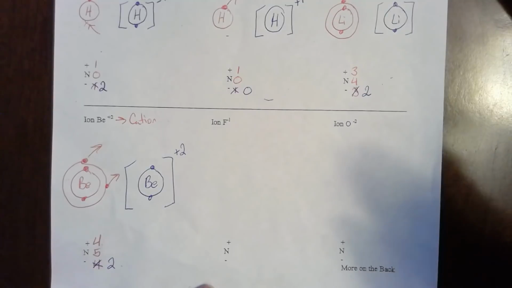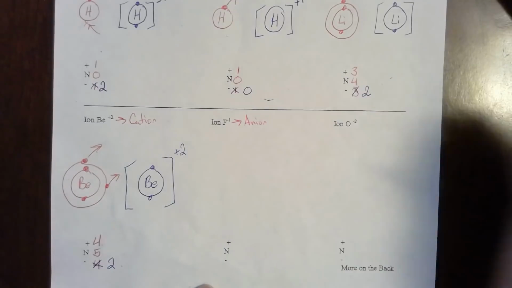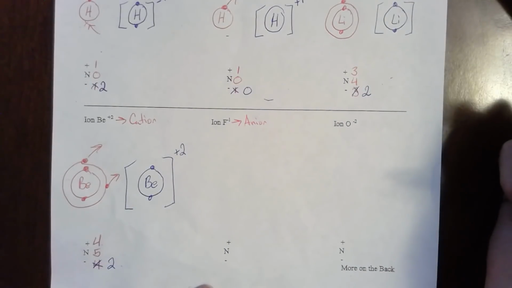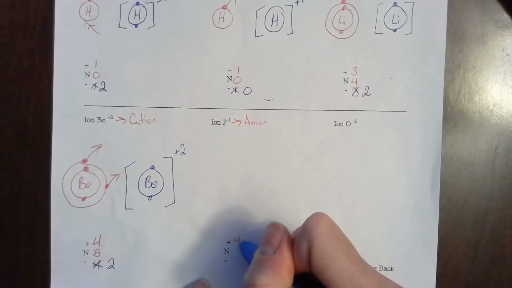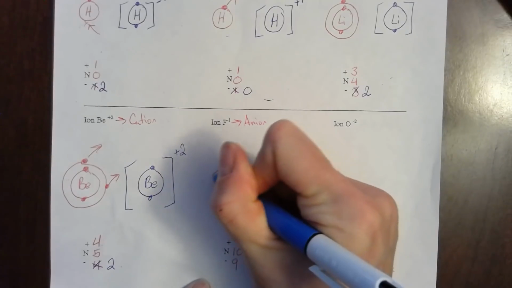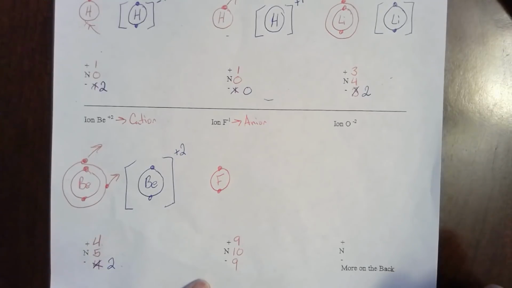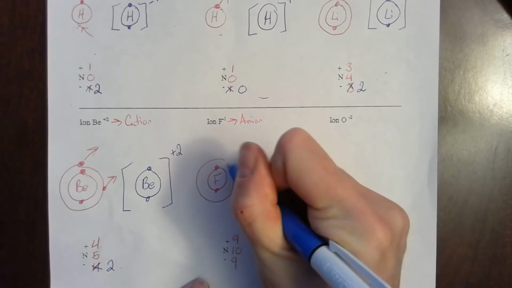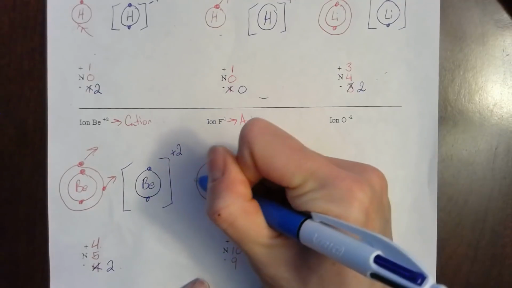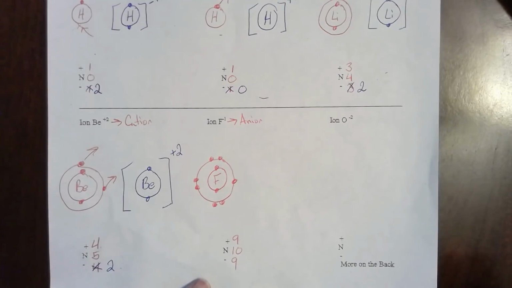All right, fluorine. Fluorine is a non-metal. It's going to gain an electron, so it's going to be an anion. The atomic number of fluorine is 9, so it'll have 9 protons, 10 neutrons, and 9 electrons. So this is, again, a neutral atom of fluorine. When you normally draw fluorine, you have 2 electrons in the first orbital and 7 electrons in the second orbital.